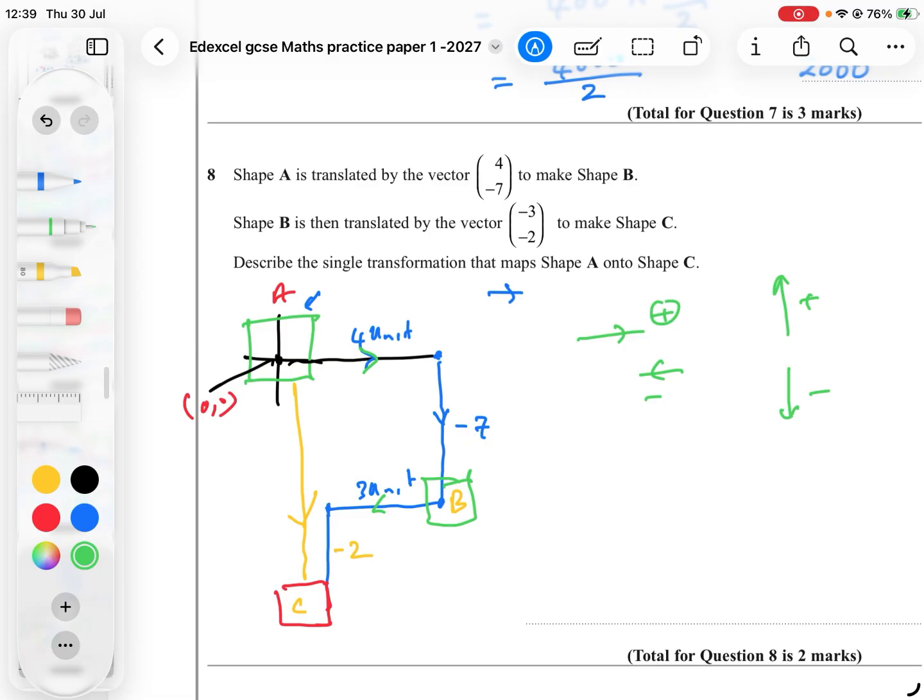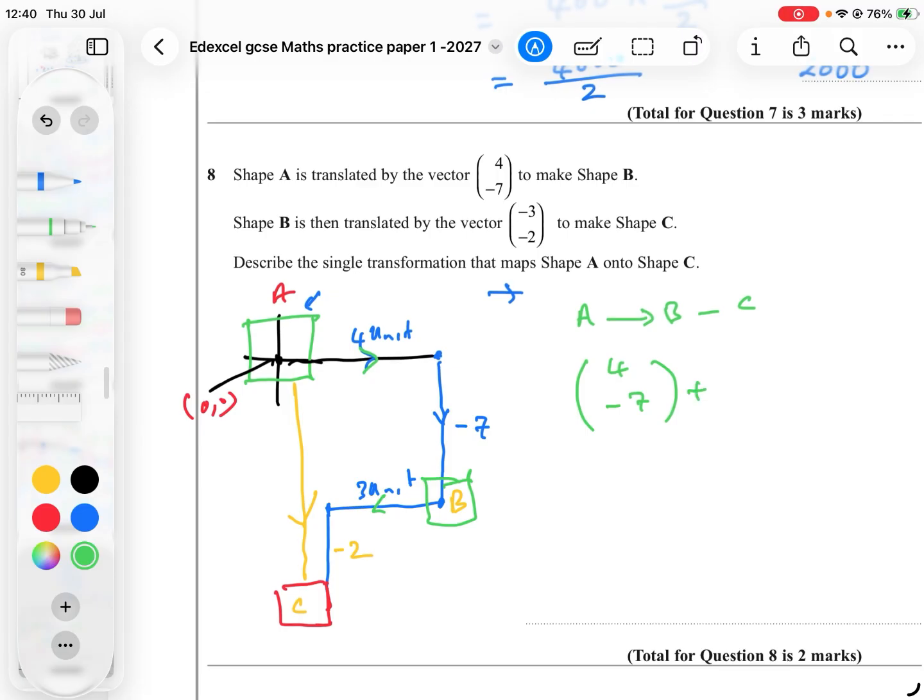Describe the single transformation that maps shape A onto shape C. The easy way to do this is adding the two vectors. A to C is A to B, then B to C. A to B is (4, -7).